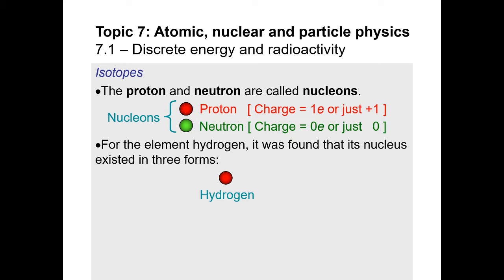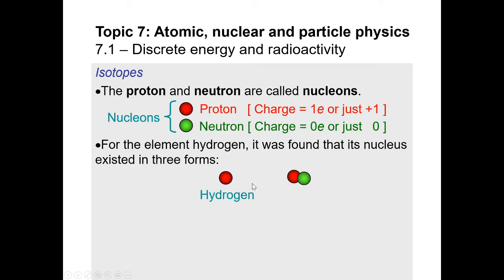It has one proton in its nucleus, it has to have that, and it has one electron orbiting around. But there are other forms of hydrogen that do have one or more neutrons in the nucleus. So hydrogen itself is just the one proton. Right now we're just looking at the nucleus, so that's why you're not going to see an electron in the picture. Just the nucleus of hydrogen, one proton.